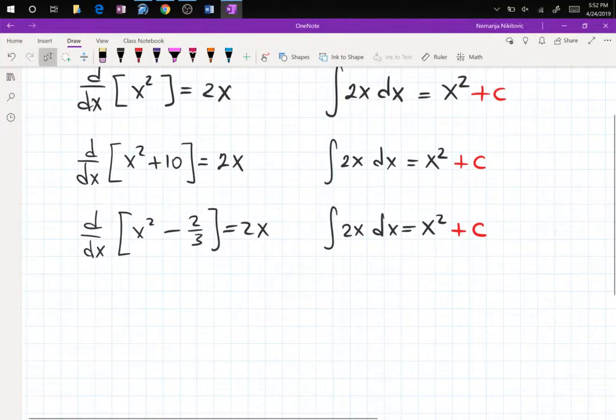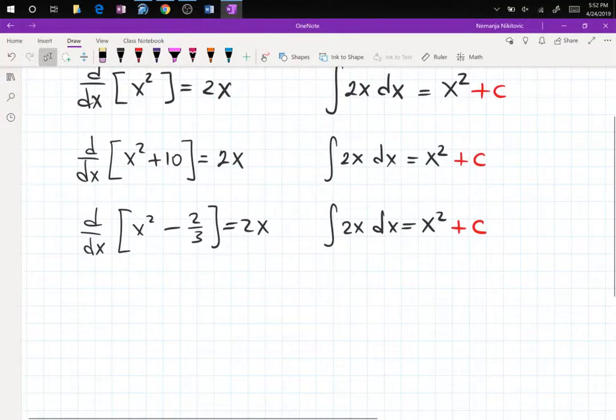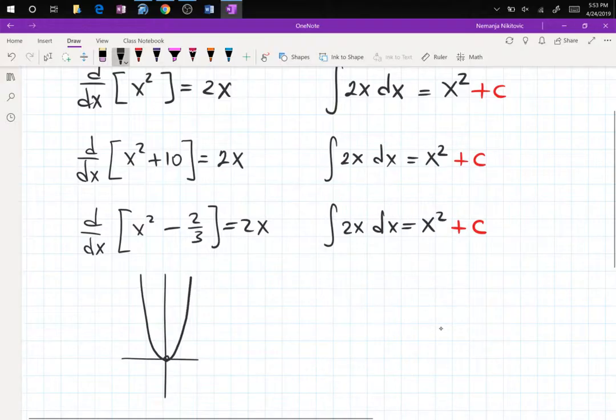Now, what do these numbers do when you have them in your x squared, right? So you know that your x squared is going to be a parabola going through 0. That's your x squared.